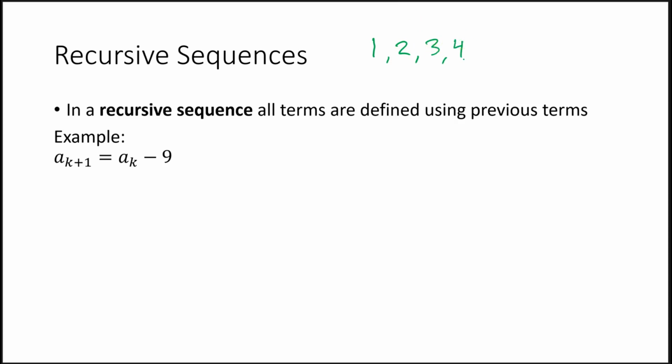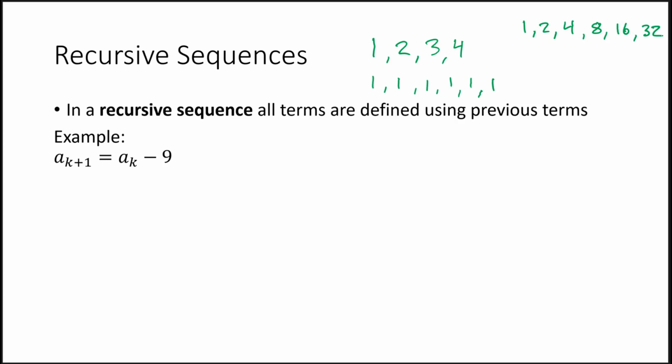Or I can even do something like, I'm going to square the previous number. So 1 squared is 1, 1 squared is 1, and so that just gives me 1 over and over again. Let's try something else, maybe times 2. So 1 times 2 is 2, 2 times 2 is 4, 4 times 2 is 8, 8 times 2 is 16, and then 32, and so forth.